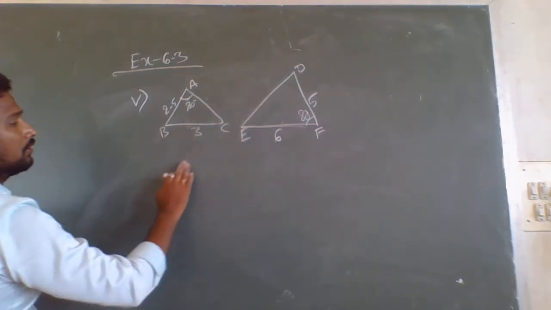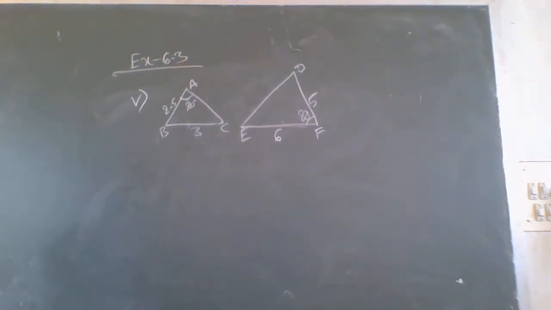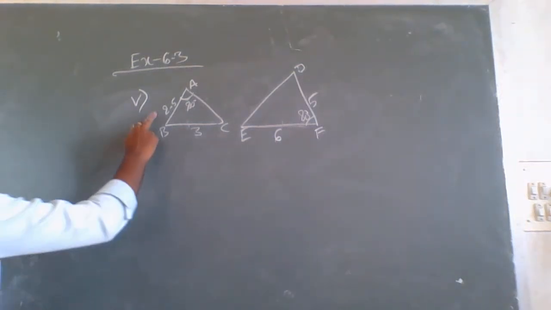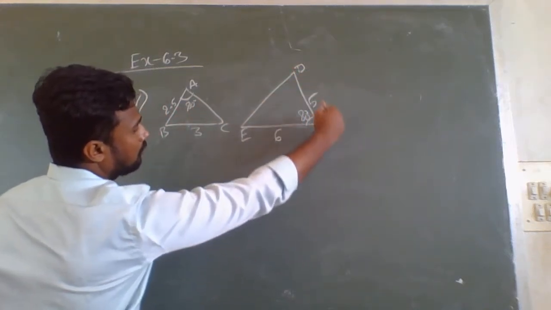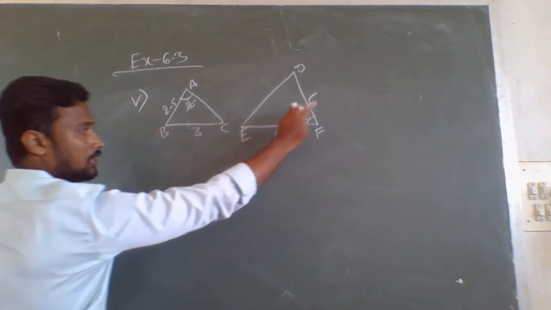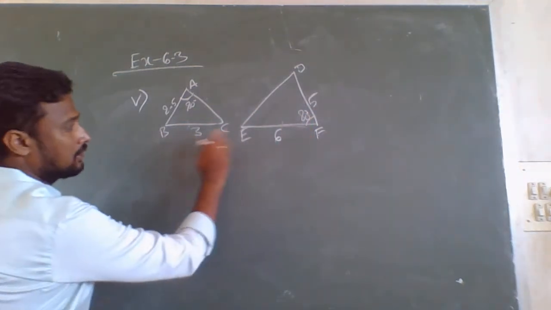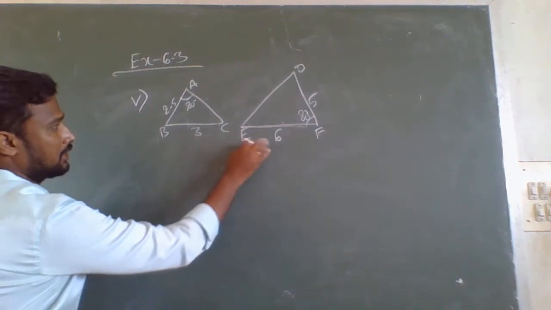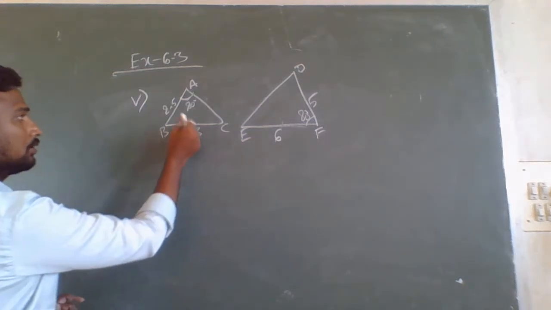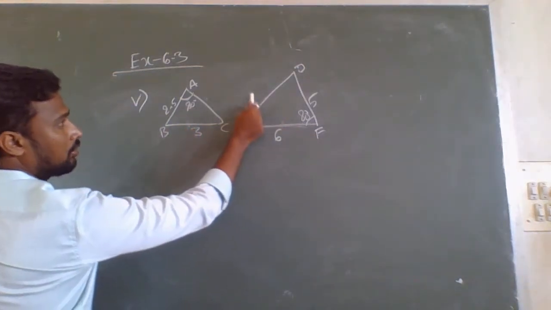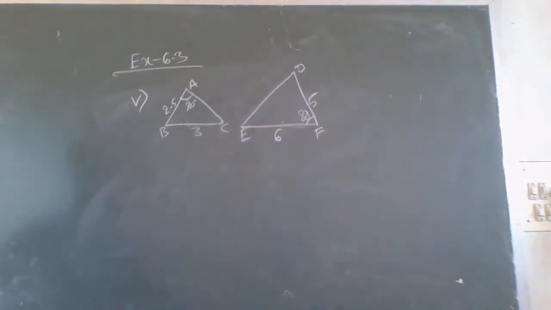But here they are given the lengths of two sides which are not corresponding. These two, 2.5 and 5 centimeters DF, are corresponding sides, but the other two sides are not corresponding, because this 3 centimeters, side BC, is opposite to 80 degrees, but here they have not given the length of the side which is opposite to 80 degrees.